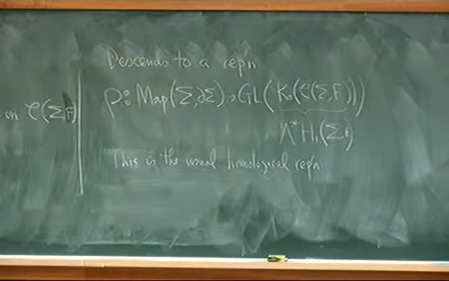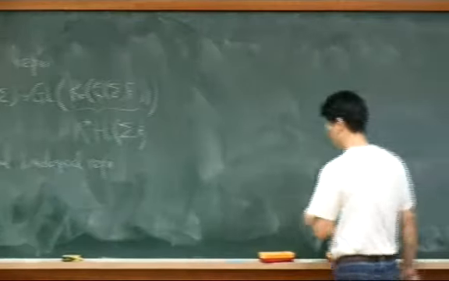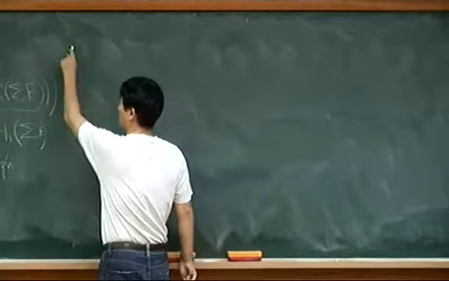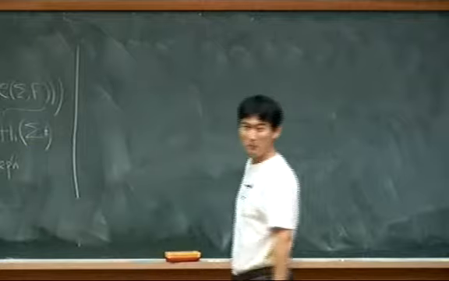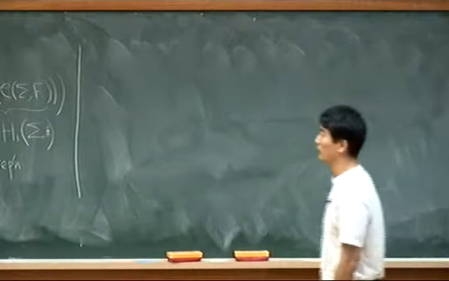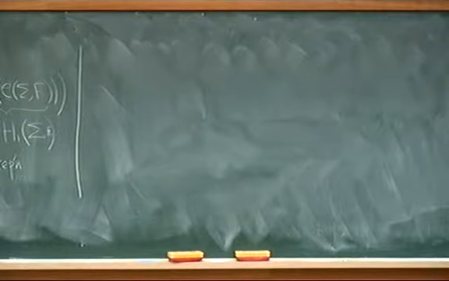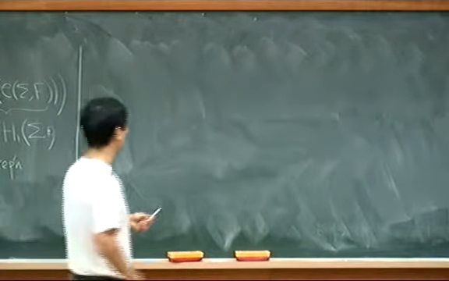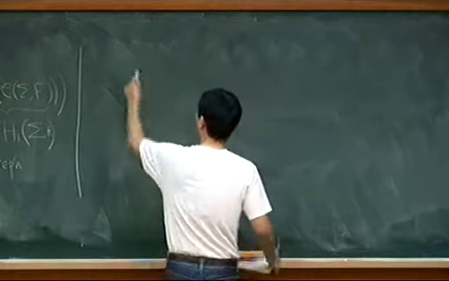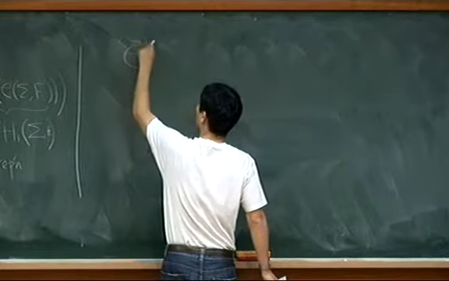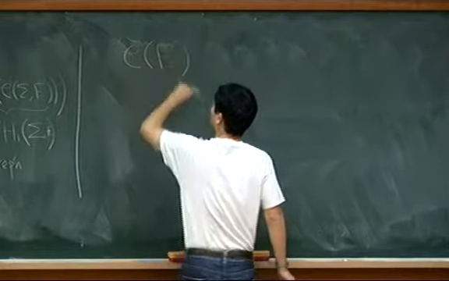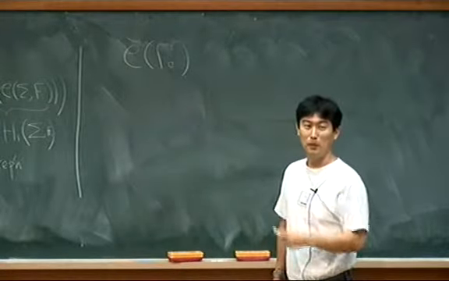Okay, so now things get a little bit more complicated. You may not like this, but bear with me a little bit. So the mapping class group acts on this category like this. How does it act on the universal cover? It's a little trickier. Let me write the universal cover as C tilde of gamma naught, to indicate the base point.